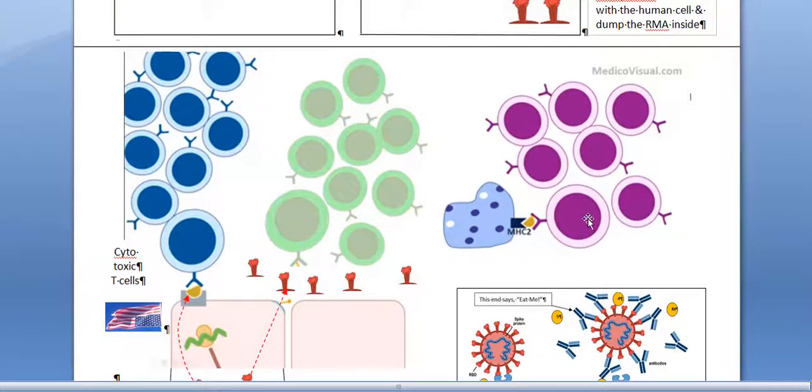Now, the T helper cells release cytokines, which are chemical signals that tell cytotoxic T cells, B cells, and itself, more helper T cells, to rapidly multiply, right? So then you get a big burst, it's clonal proliferation. You get a whole bunch, and then you get a big response. So these guys play a big role because they help all of them multiply.